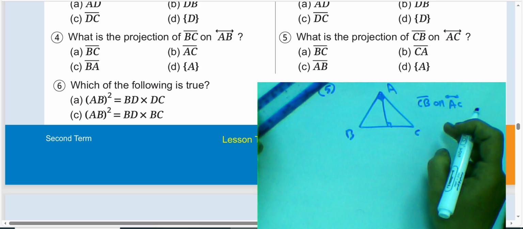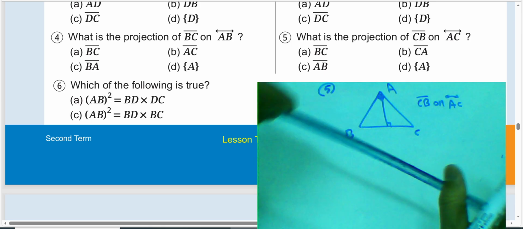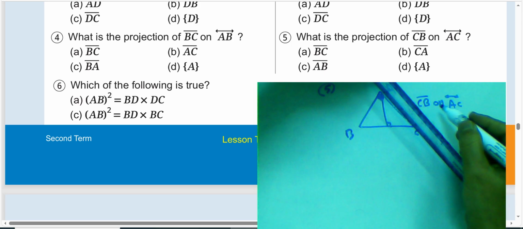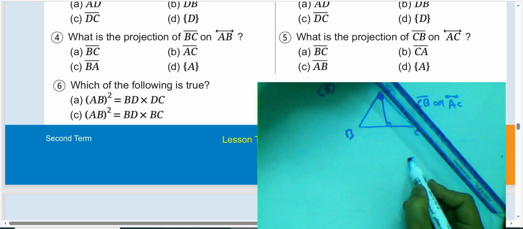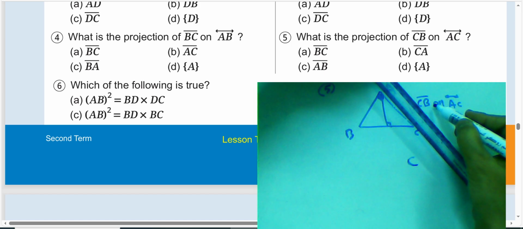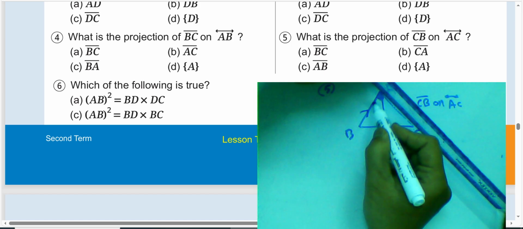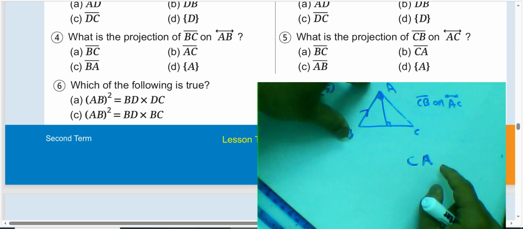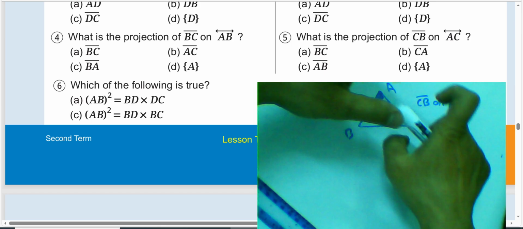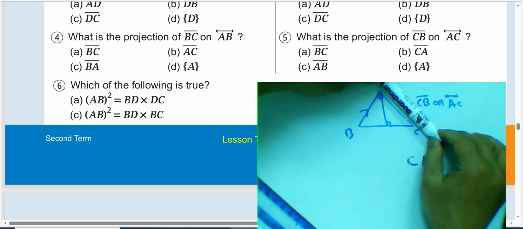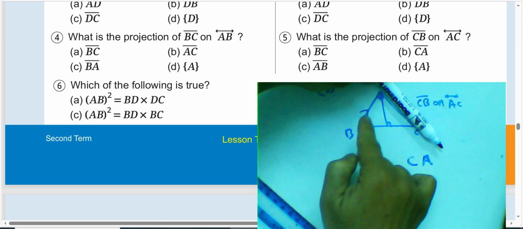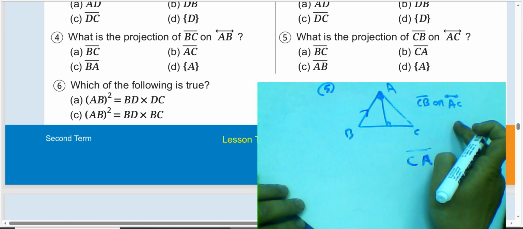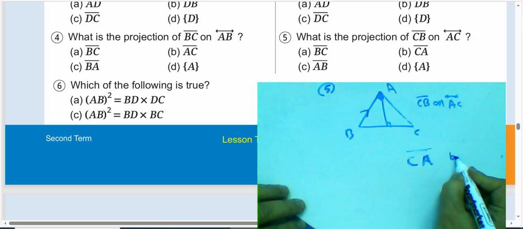Put your ruler on the straight line AC. The projection of point C will be C, and B is perpendicular to A. Then we find the length CA. The projection of CB on AC will be the line segment CA. Choose letter B.